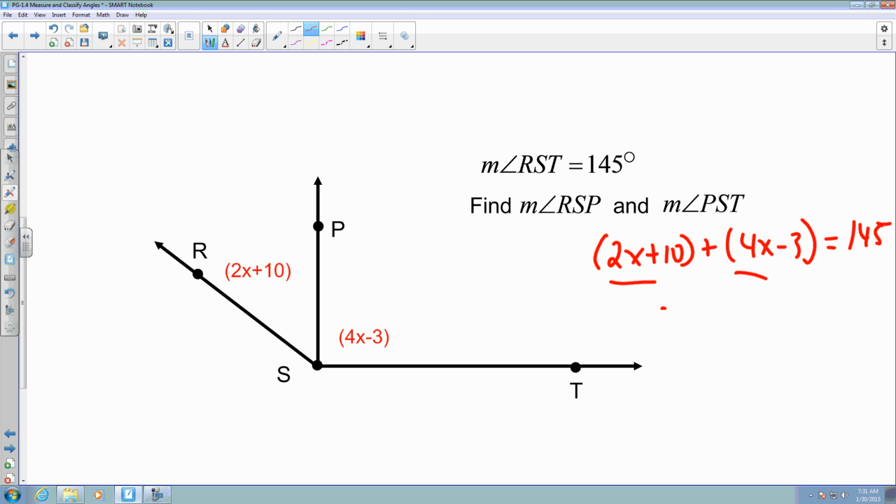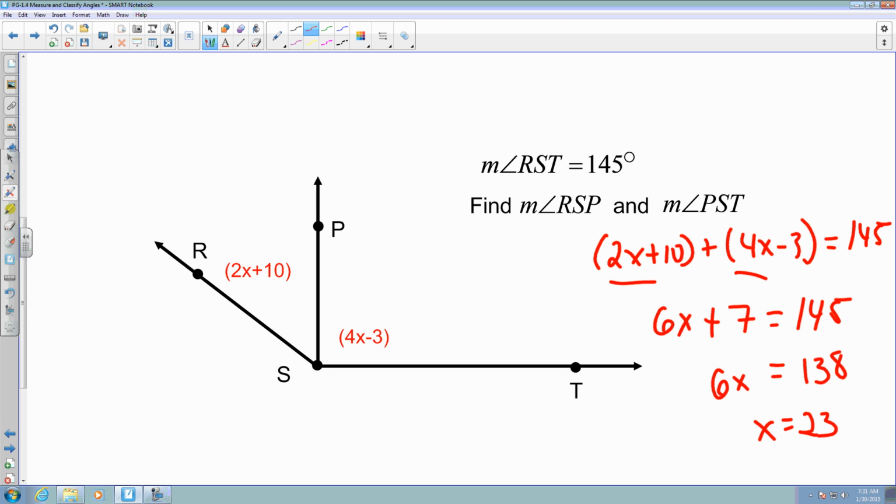Combining like terms, I get 6x plus 7 equals 145. I subtract 7 from both sides and get 138. Then when I divide both sides by 6, I get x equals 23.